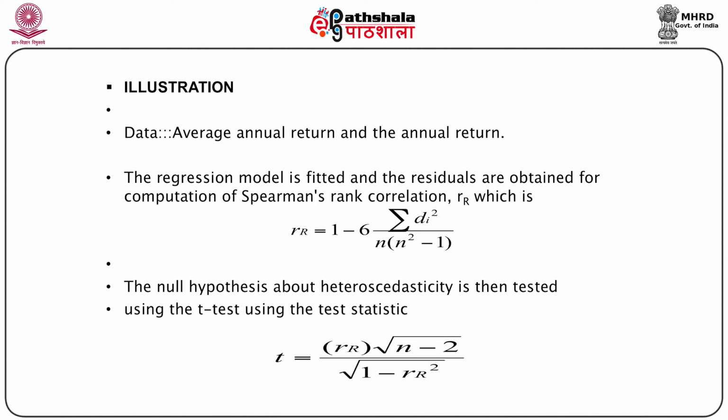The null hypothesis about heteroscedasticity is then tested using the t statistic, with the formula r times square root of n minus 2 divided by square root of 1 minus r square.